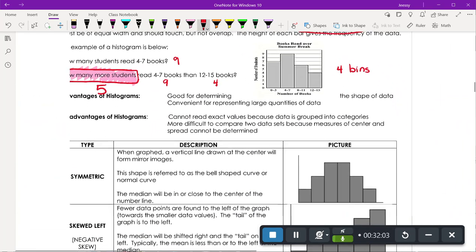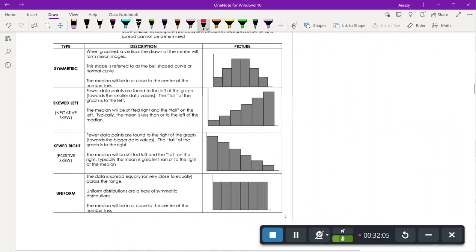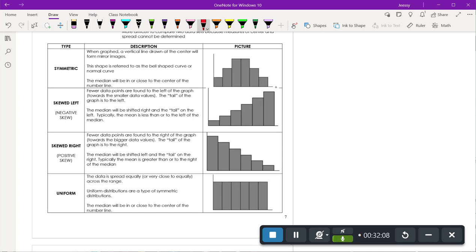All right, same shapes, symmetric, same deal, median, mean. They're gonna be about the same and in the same place. Okay. Skewed left, same thing.